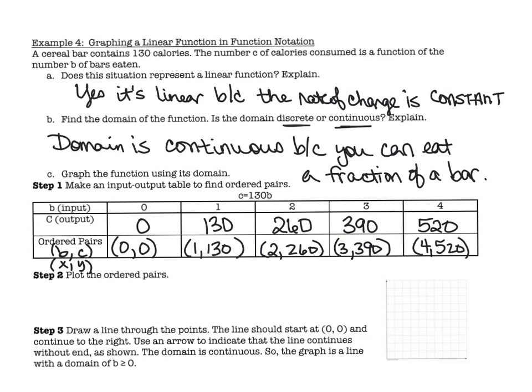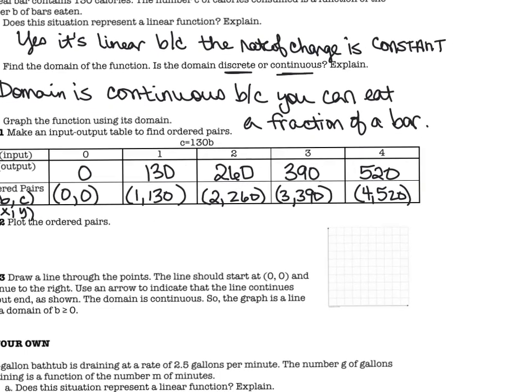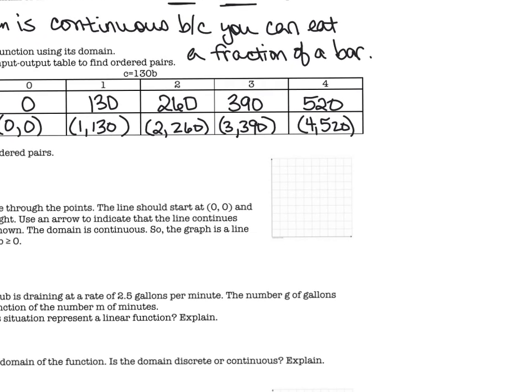And when we graph these, we should label our axes. The x-axis would be number of bars consumed or eaten. And your y-axis would be calorie count.